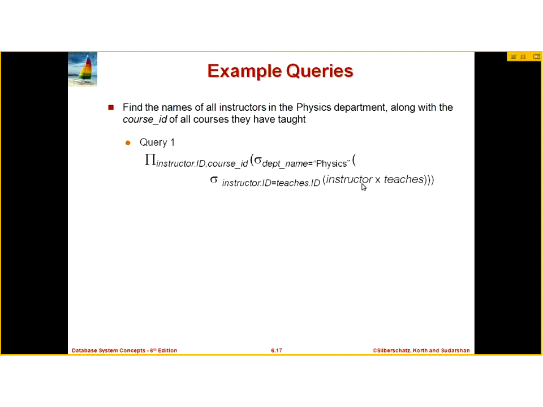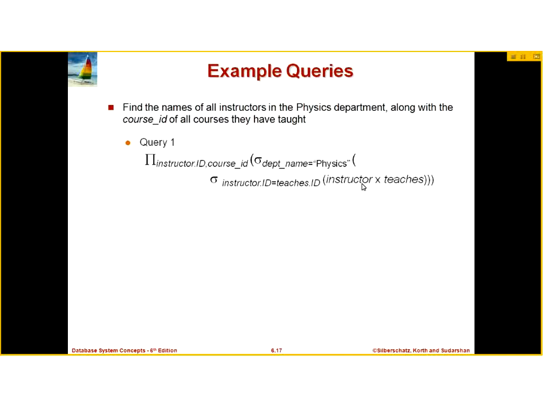Because you have to find the names of all instructors, instructor will be the output, and you have to identify the instructors from the physics department. So you may have to make a selection from the physics department only, along with the course ID of all the courses they have taught.